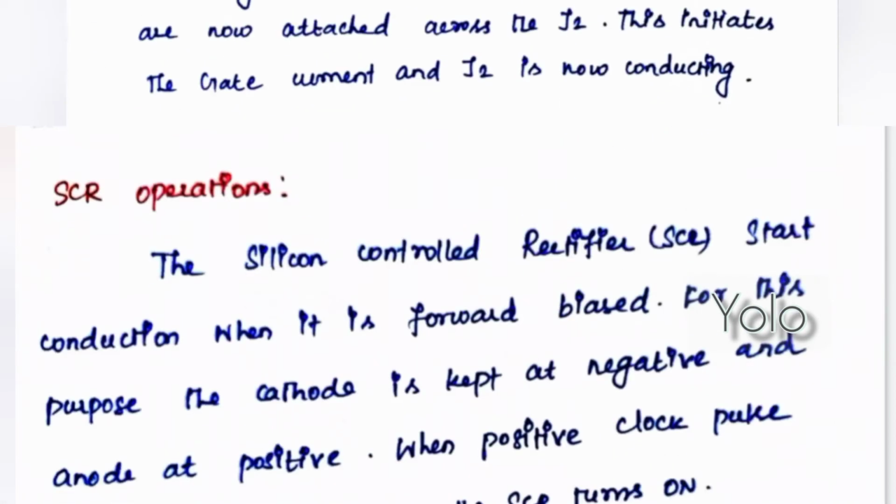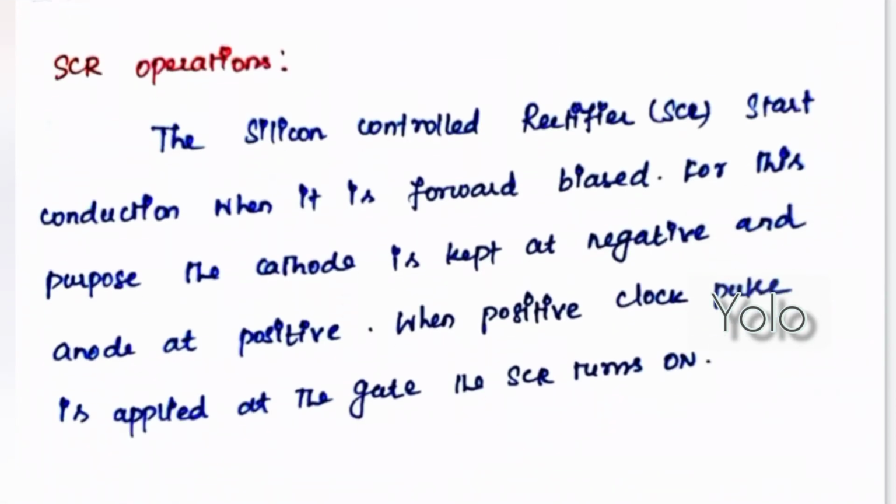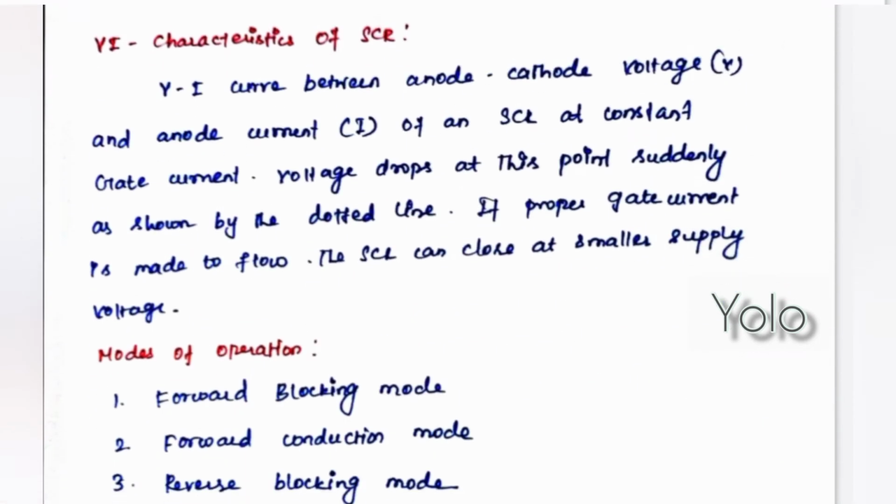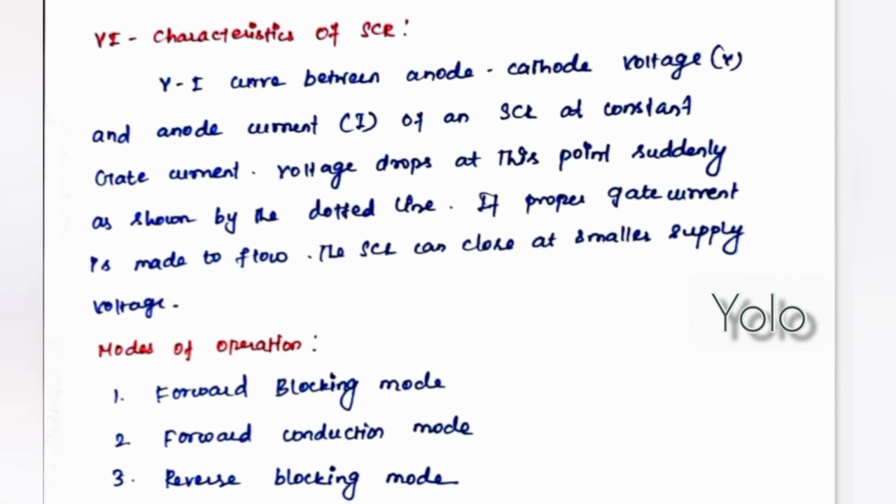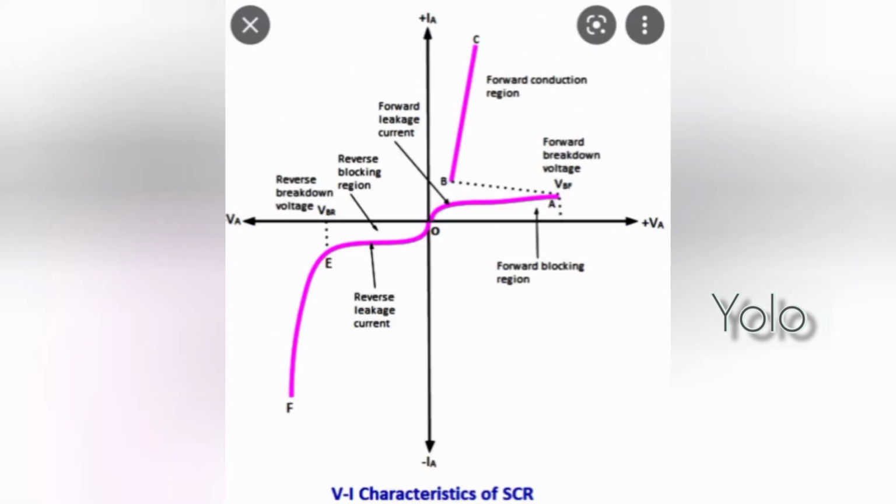VI characteristics of SCR. The VI curve is drawn between anode to cathode voltage and anode current of SCR at constant gate current. It operates in 3 modes: forward blocking mode, forward conduction mode, and reverse blocking mode. In forward blocking mode, the forward voltage is blocked when no gate current is applied.